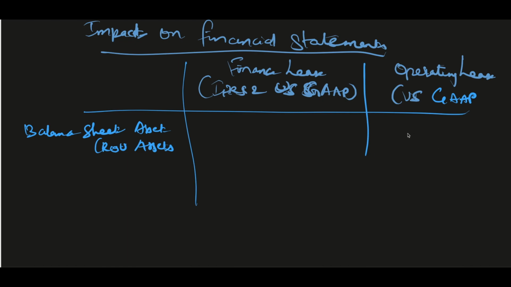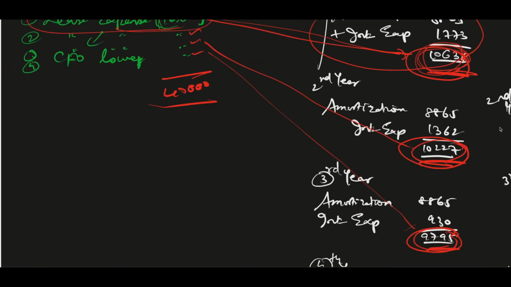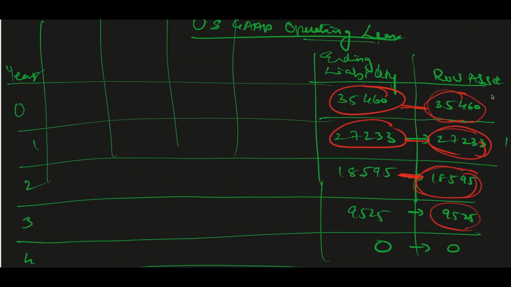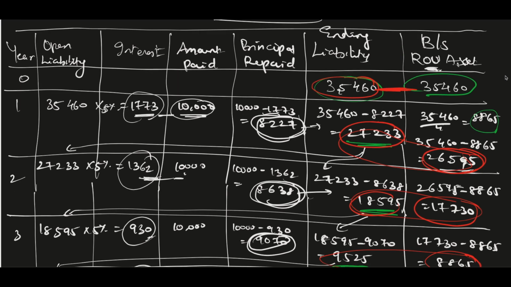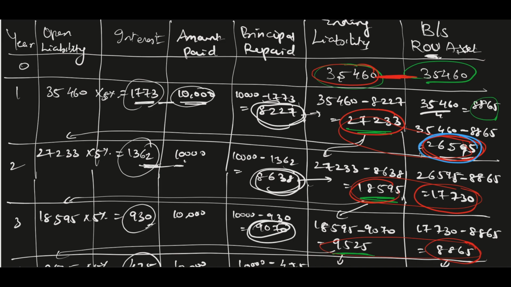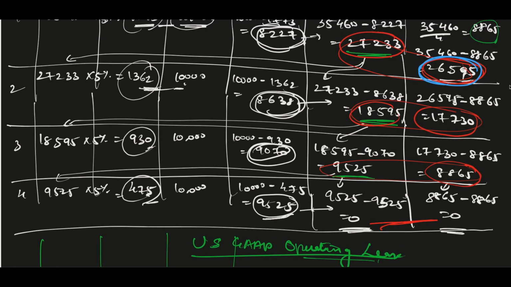for operating lease it is higher. How is it higher? Because here I showed, see, here it is 27,233, which is higher than 26,595. Okay, and here 18,595 is higher than 17,730.